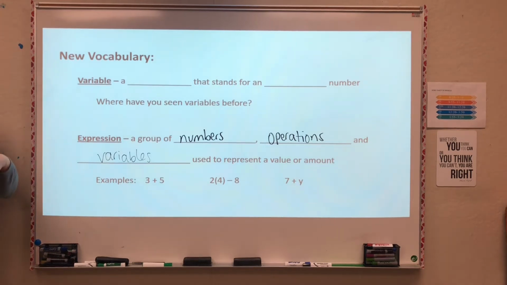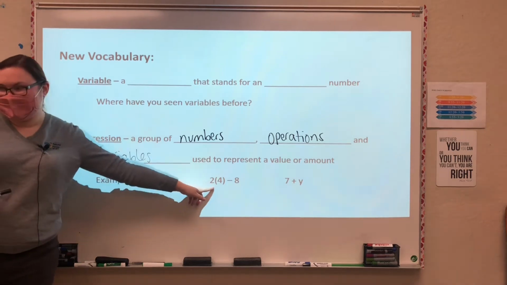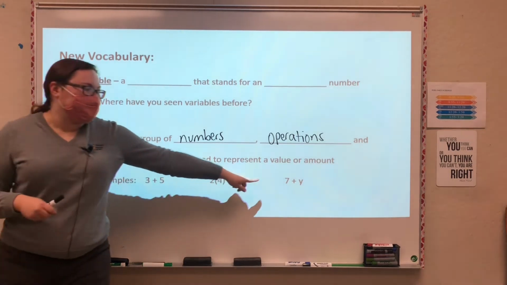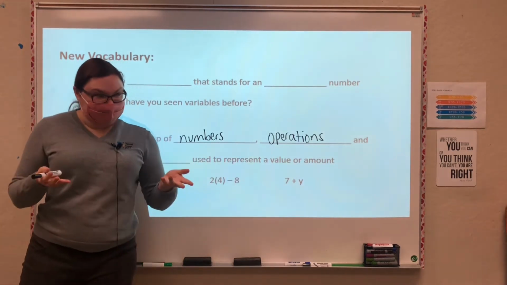So what we're doing today, we're going to use variables, we're going to use letters, to help us represent word problems. You are already representing word problems with stuff like this. We're just adding in this extra piece of using a variable if you don't know something in the word problem.